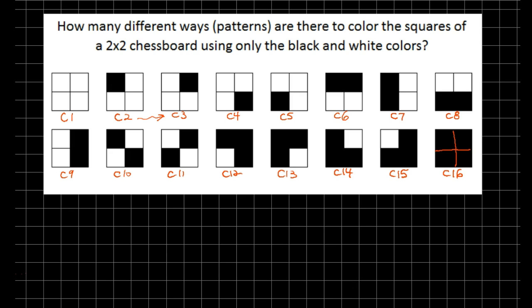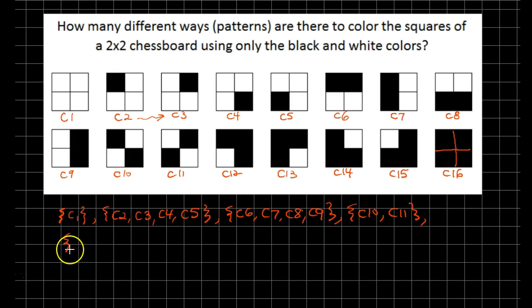Therefore, there are essentially 6 different coloring patterns in here. Basically the coloring C1, the colorings C2, C3, C4, and C5. Then we have coloring C6, C7, C8, C9, followed by coloring C10 and C11.